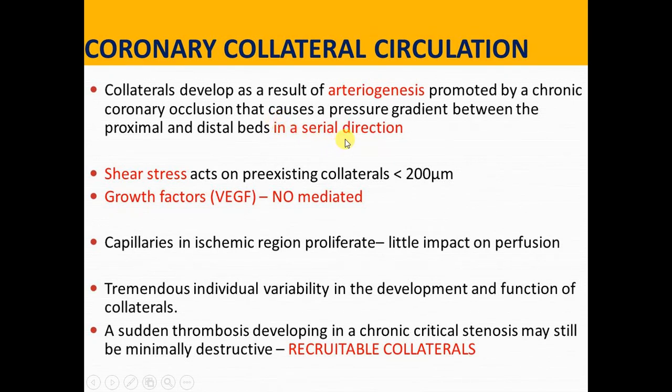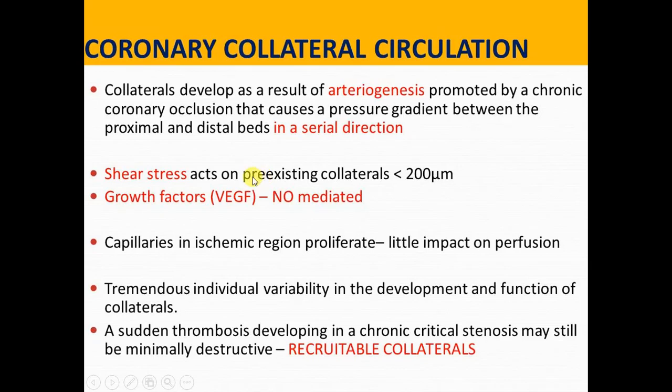That causes opening of these anastomoses by arteriogenesis. So then this coronary collateral circulation develops, so that the left side can be supplied by the right side, and the right side can be supplied by the left side, by opening of this collateral circulation.